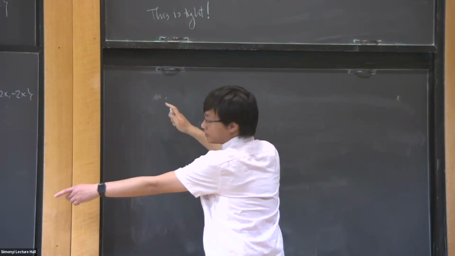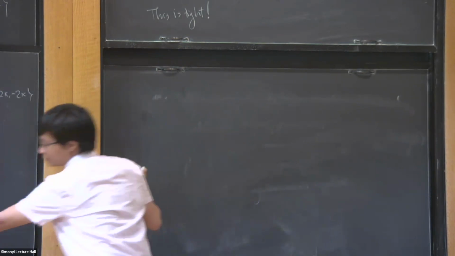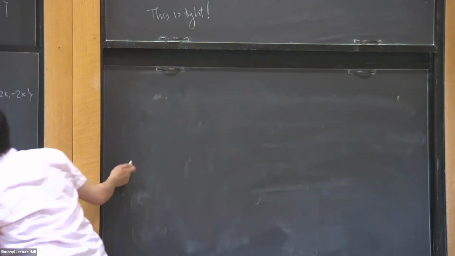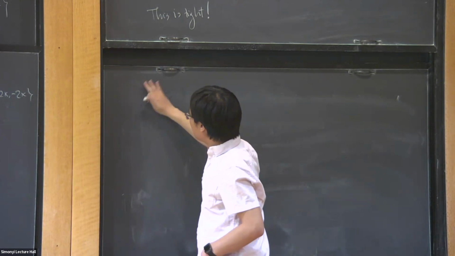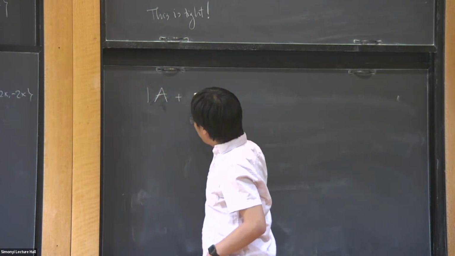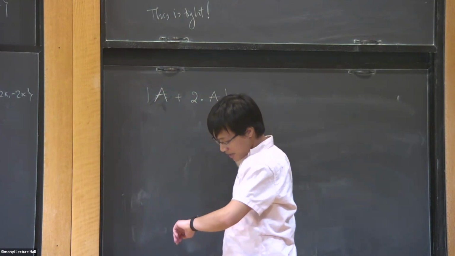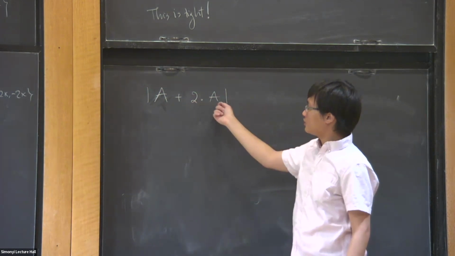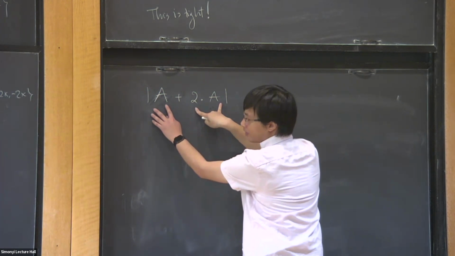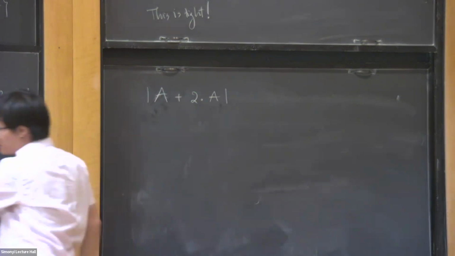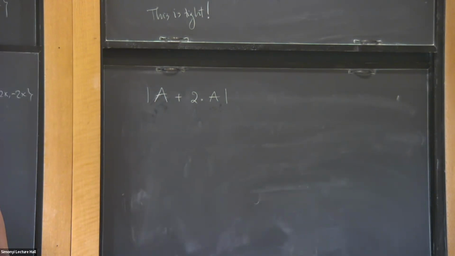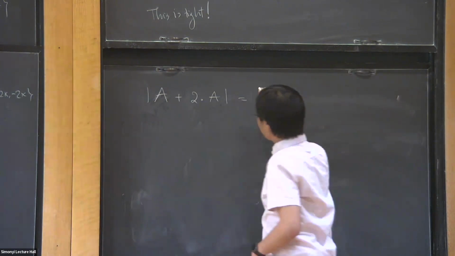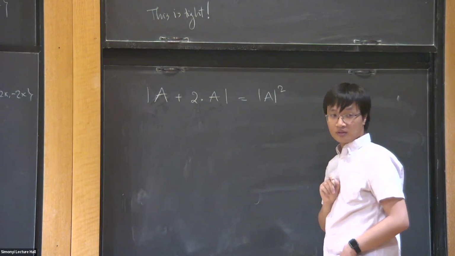Because there's no solution to this, if we look at the set A plus the dilation of A by a factor of 2, where we take each element of A and multiply it by 2, then sum that with A, this is the collection of all elements of the form a plus 2b. These are all distinct because there's no non-trivial solution here. So in particular, this will have size equal to |A| squared.